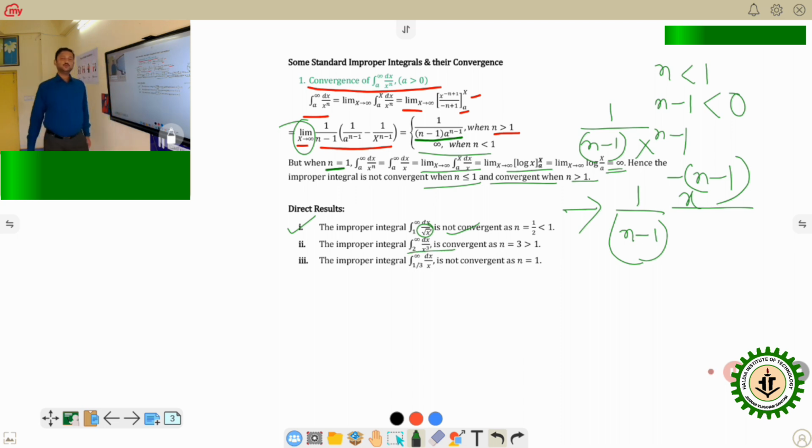The second one, 2 to infinity dx by x cube, is convergent as n is equal to 3, which is greater than 1. And if we consider the integral from 1/3 to infinity of dx by x, it is also not convergent as n is equal to 1. So this can be asked as an MCQ, or the convergence can be asked as a 5 marks question.